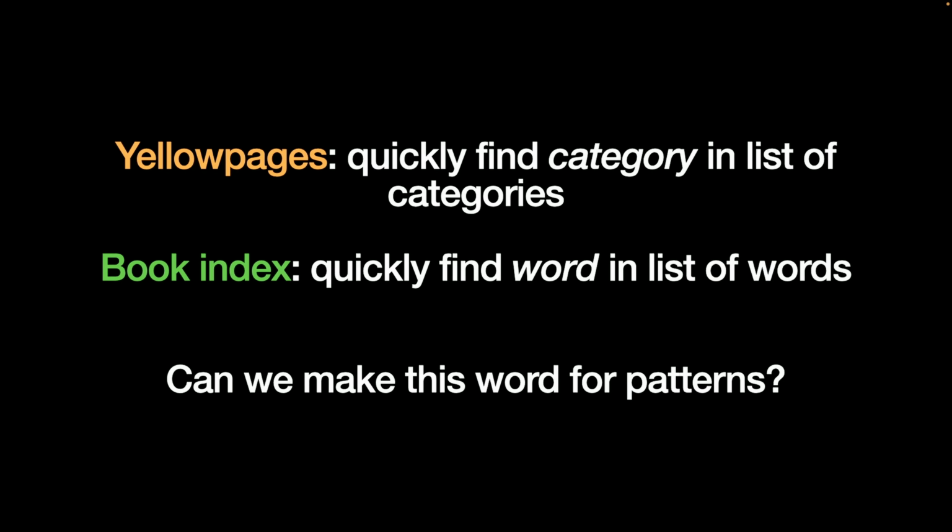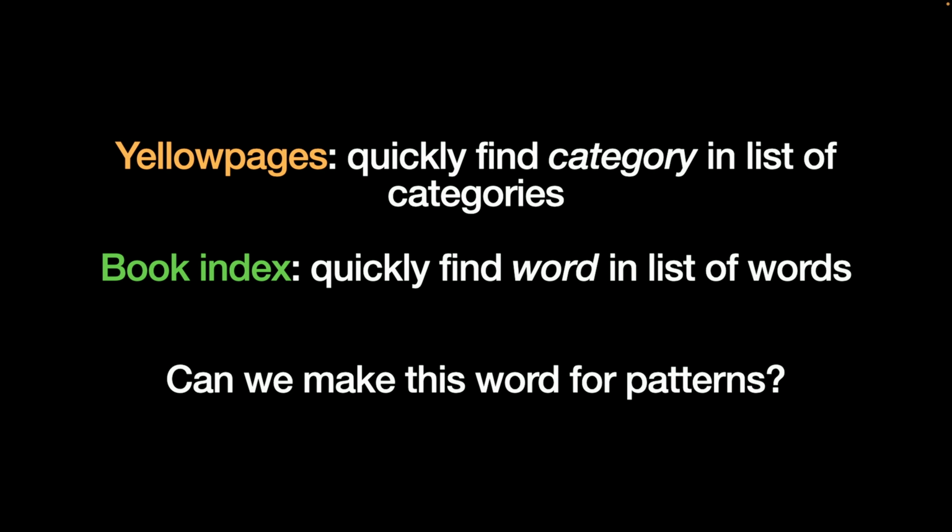We can think of this for a few different real-world instances. For the yellow pages, we can quickly find a category in the list of all the categories by looking at our long list of categories and then doing a binary search over the categories. So if the thing we're looking for is a bakery, we can look at roughly halfway down the list of categories and see, oh, is bakery before or after this category?